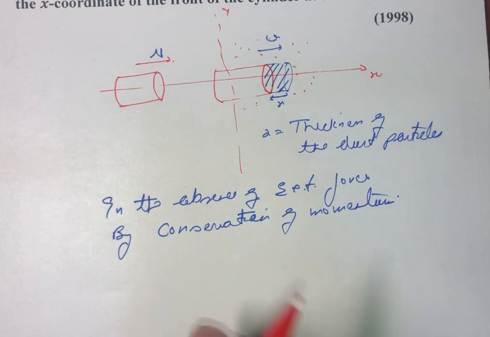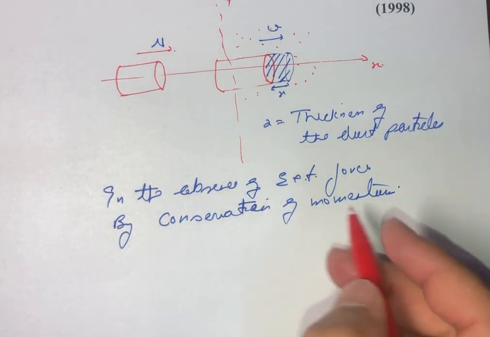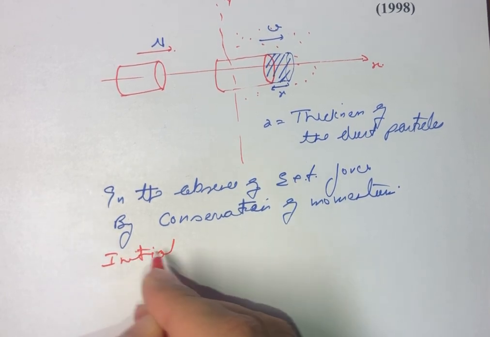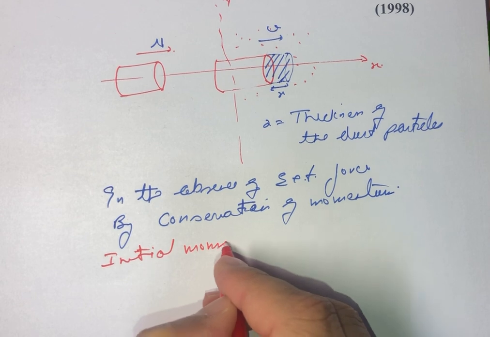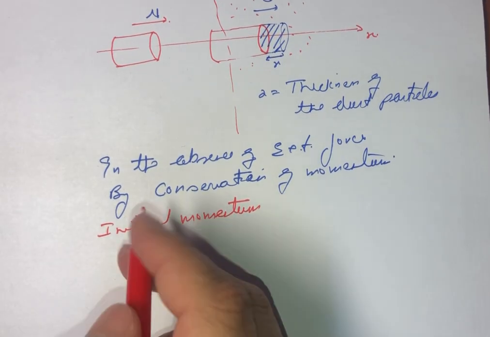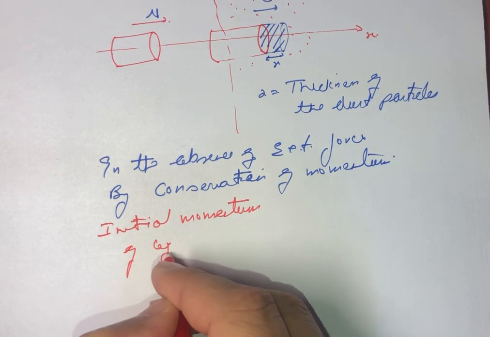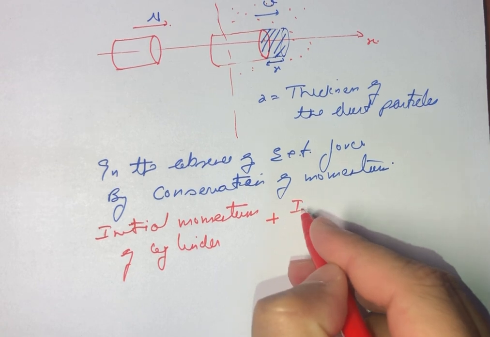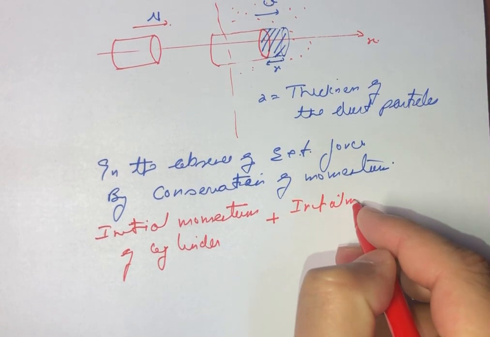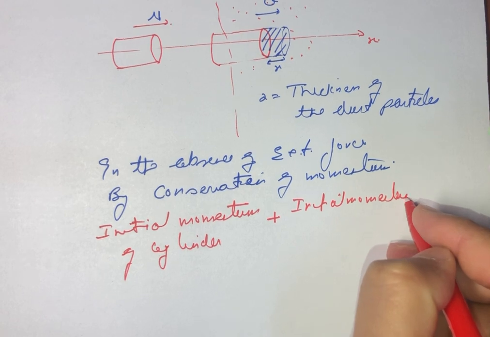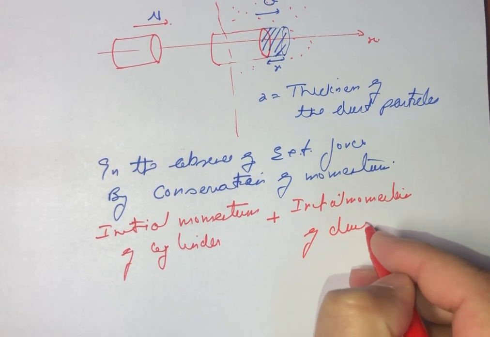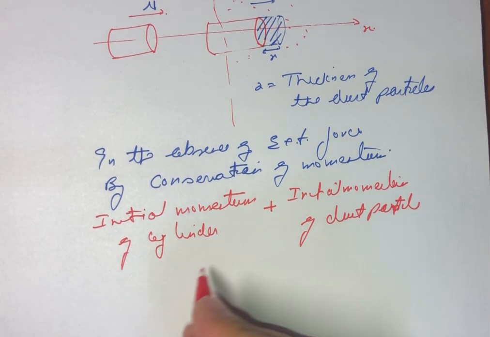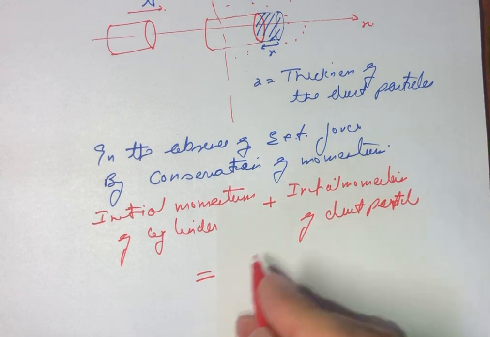the initial momentum of the cylinder plus the initial momentum of the dust particles will be equal to the final momentum.